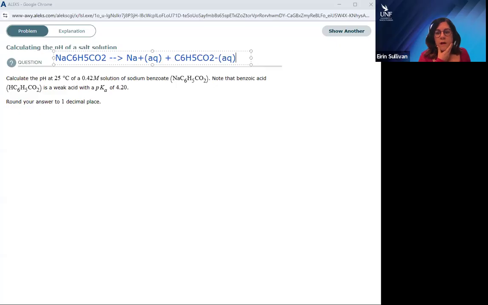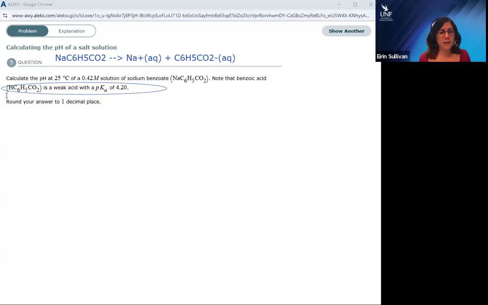So is that a weak base? I don't know. Is there any information in the question that could help us? Well, we are told something pretty significant: that benzoic acid is a weak acid. Is there a relationship between this anion that we have written and benzoic acid? Well, I can see there's a difference of a proton between them.